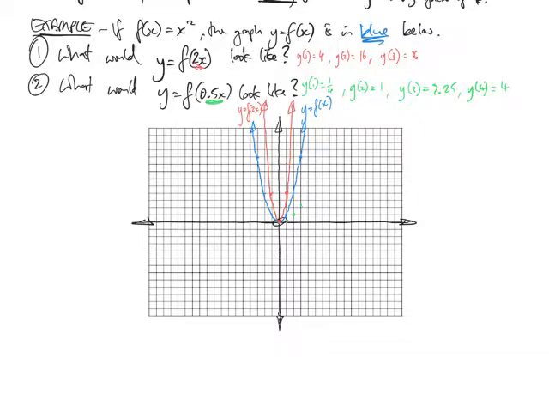When x is equal to 4, y is going to be 4. Let's do another one. 5. Half of 5 is 2.5. 2.5 times 2.5 is 6 and a quarter. So at 5 it's going to be there. So I've got some points now that I can use to draw my graph.